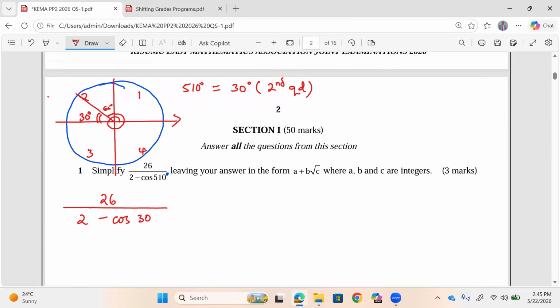Then after that, now we can use the trigonometric identities of special angles, that is 30, 90, 60, and 45.